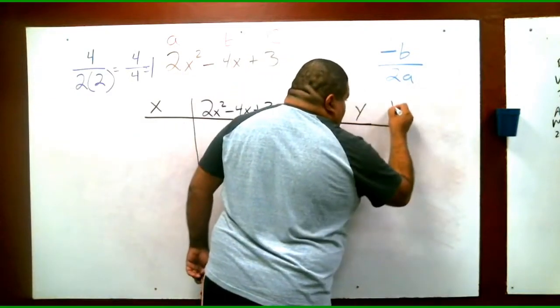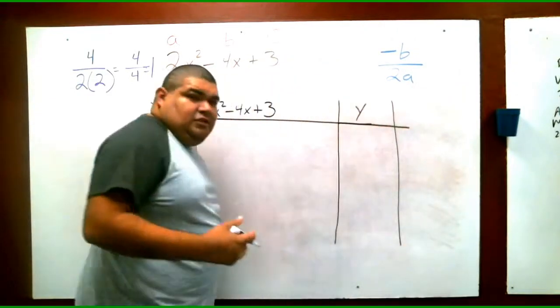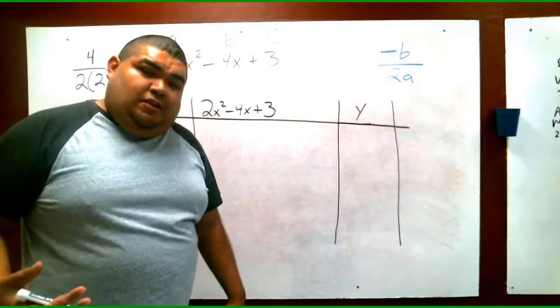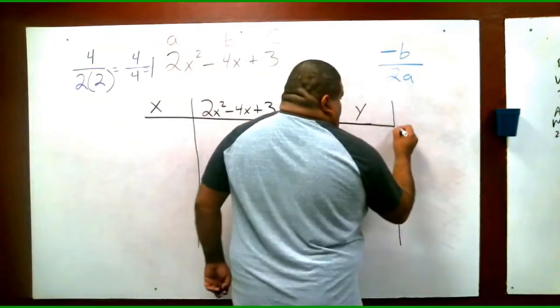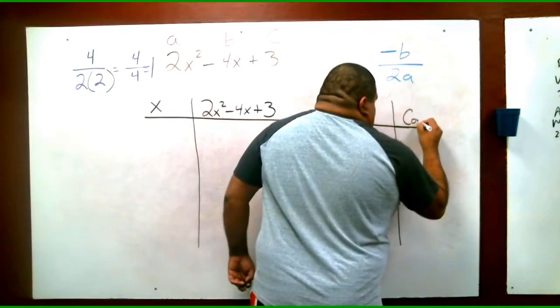And then I always like to add an extra column where both coordinates are put together. Makes it a lot easier. We're going to call it coordinate.